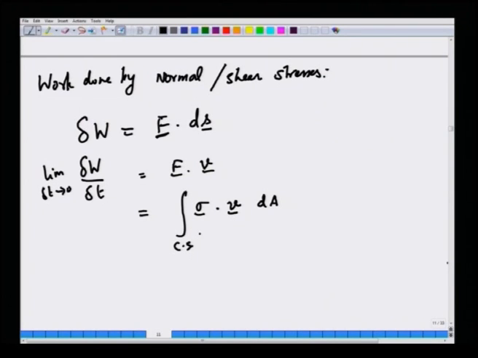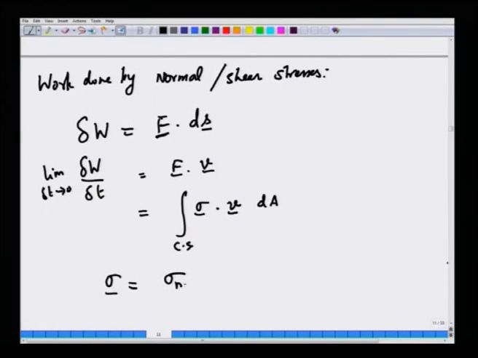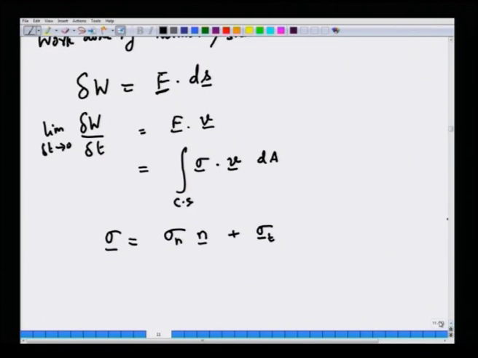So, remember that there is work done only if there is a motion of the element on which stresses are acting in the line of action of the force, as we have been repeating. Now, sigma is nothing but sigma normal, which is in the direction of the unit normal, plus sigma tangential or shear, which is in the direction perpendicular to the normal.